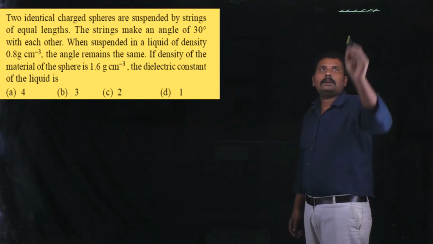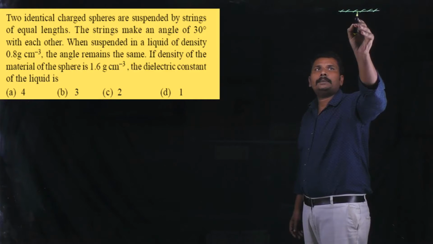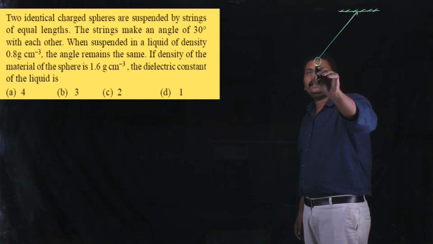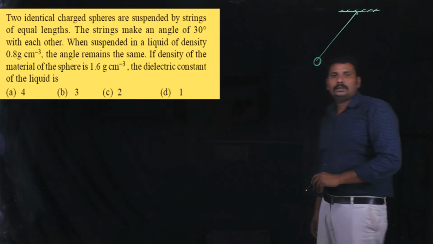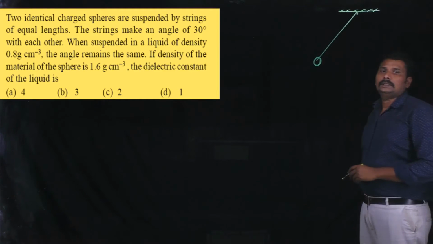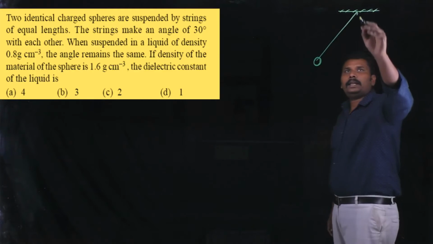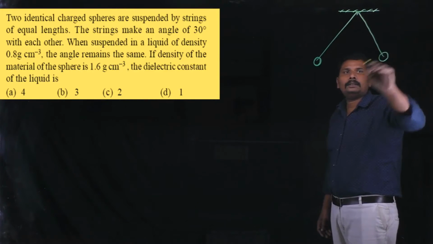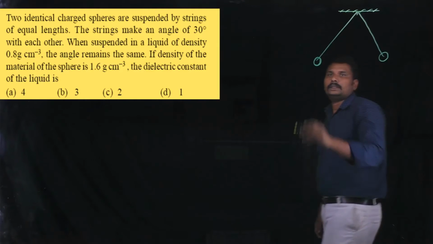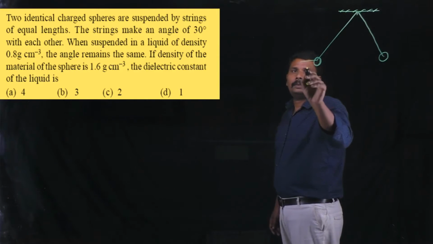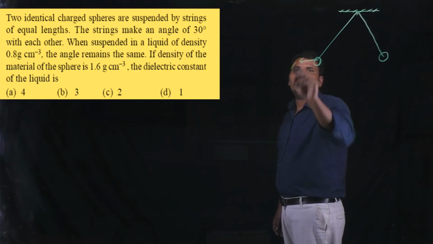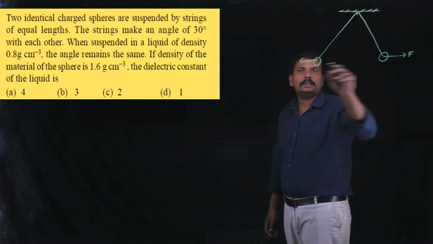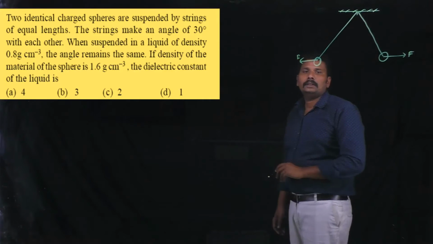From this rigid support, two identical spheres are suspended. Identical spheres means those two have like charges. For like charges, those two spheres are repelled with some force. This is the force of repulsion acting on each sphere in these directions.